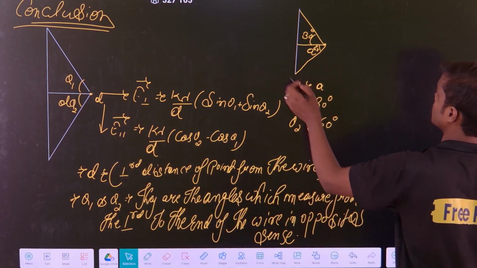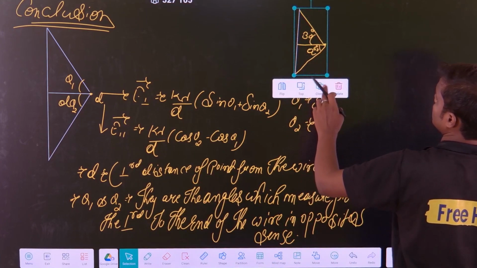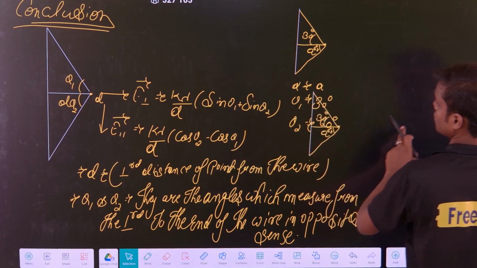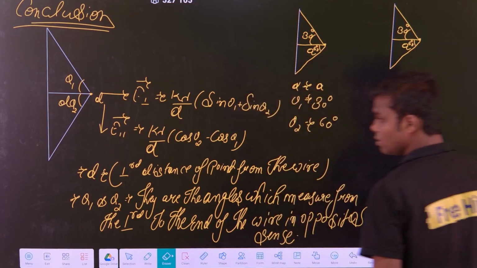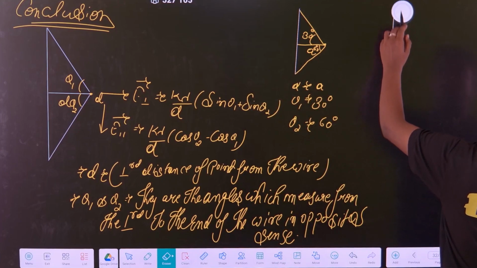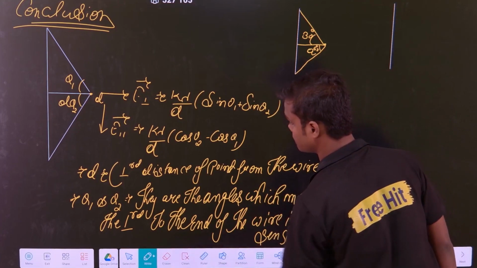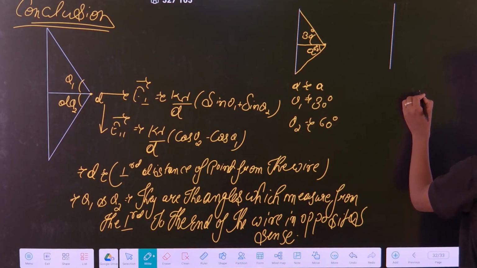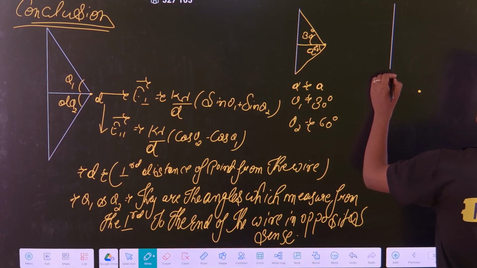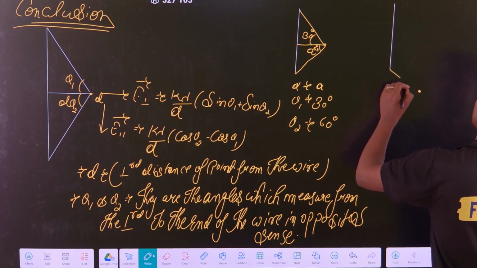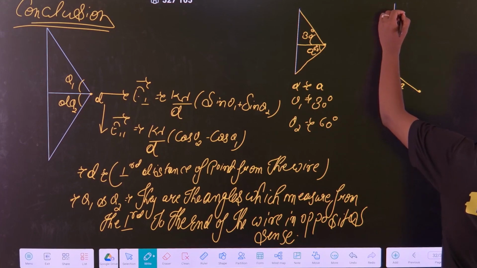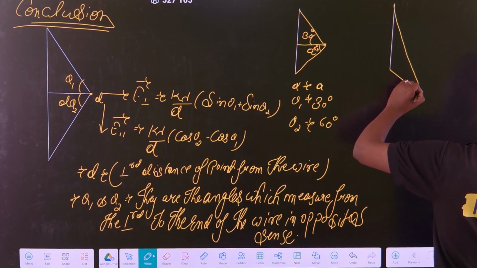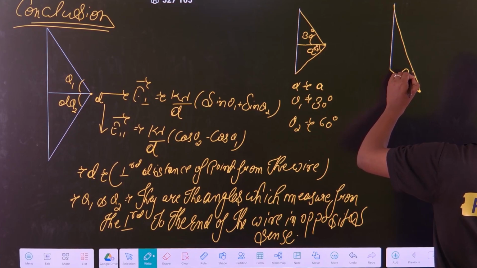Let me just copy this. One more example. Suppose this is my some point, and suppose this distance is A, and suppose this angle is 30 degree.